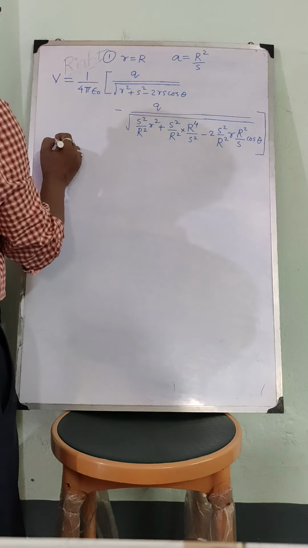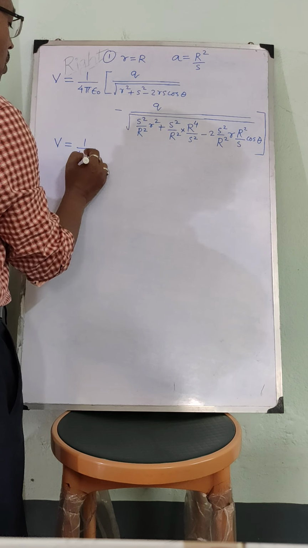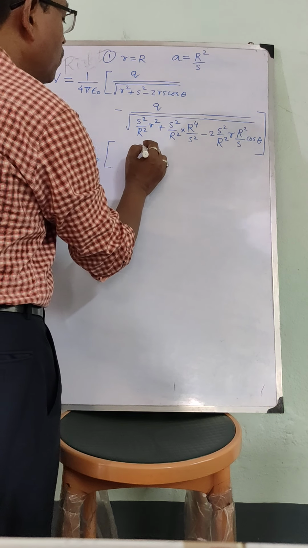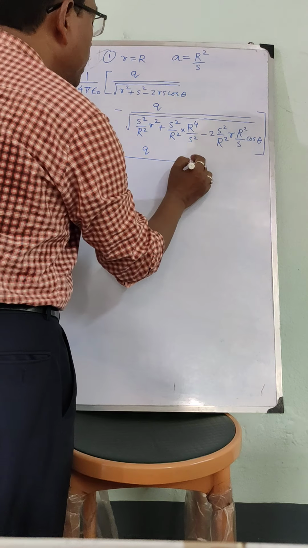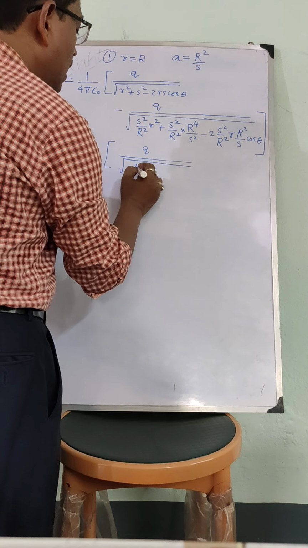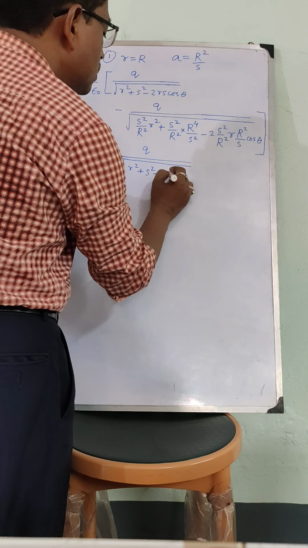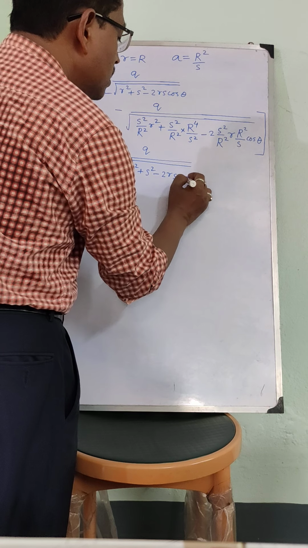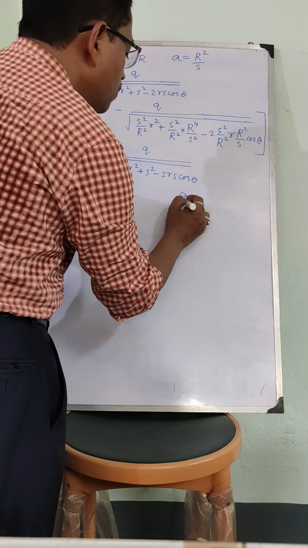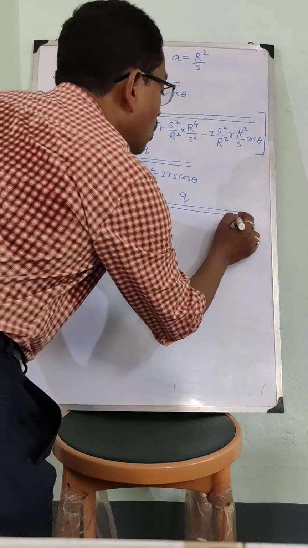So V is modified as V equal to 1 by 4 pi epsilon 0, q divided by root over r square plus s square minus 2rs cos theta, minus q divided by root over.